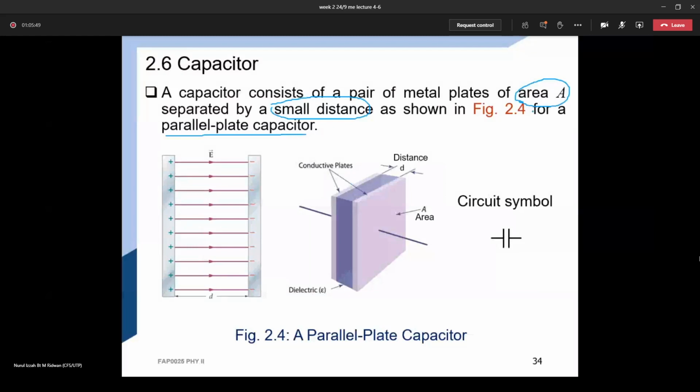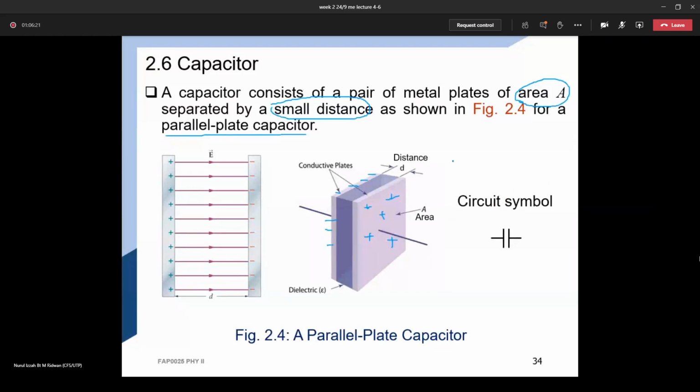Why do you need the area? Because this area will allow all the plus and minus charges to be built up. Positive on one side, and negative should be on the other side. And then they should be separated by a small distance in between. So the area and the distance will be the factors affecting the value of the capacitance. I'll show you with the equations later.